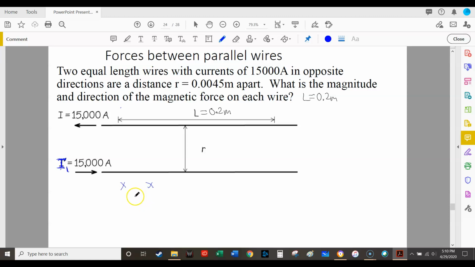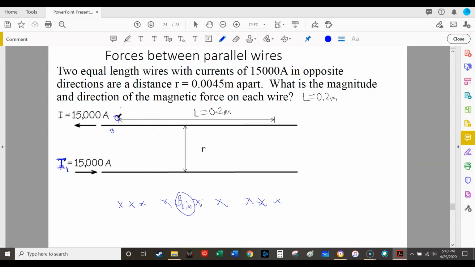It's going to create a magnetic field down here into the page. Everywhere above it, wire number 1 is going to create a magnetic field, and this is in.